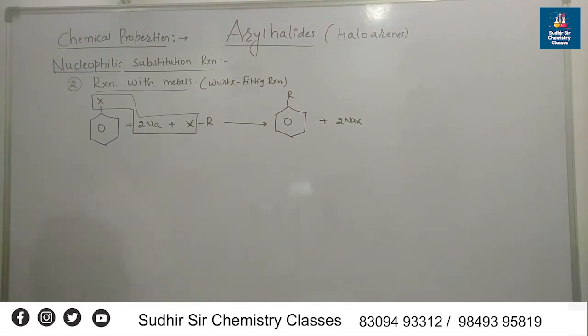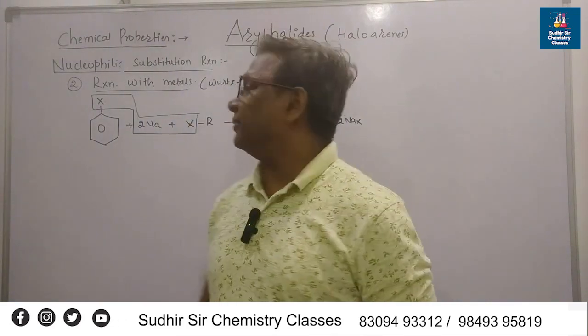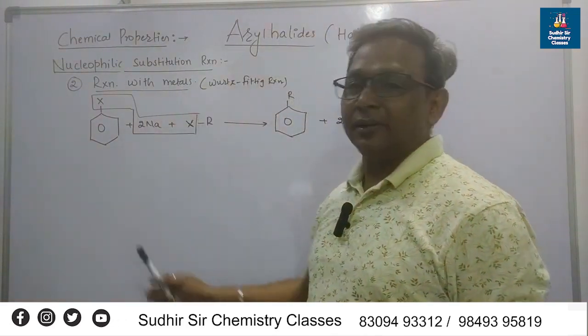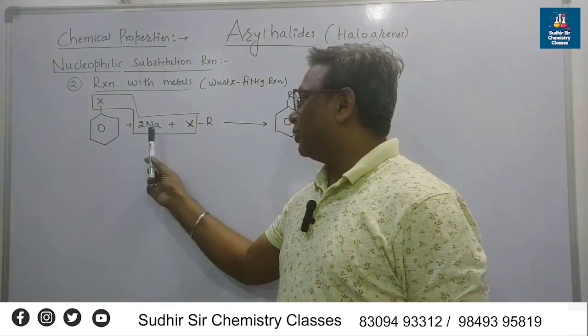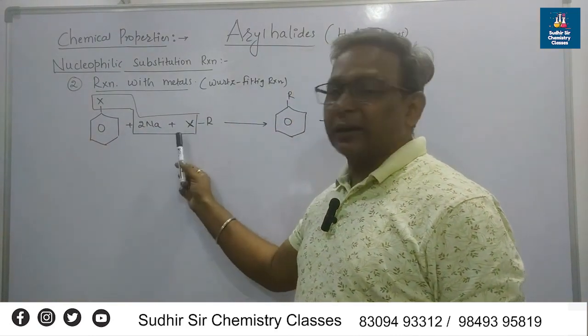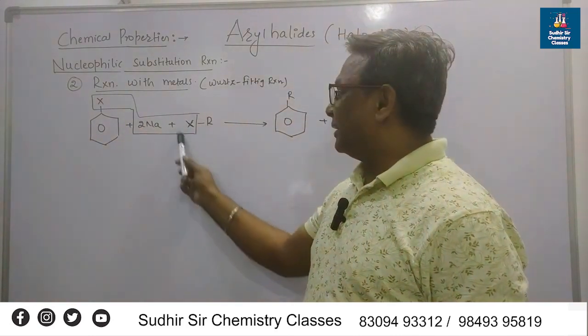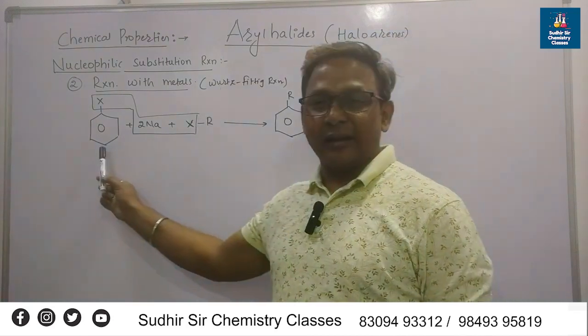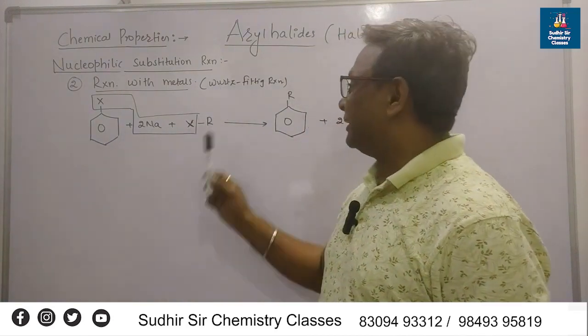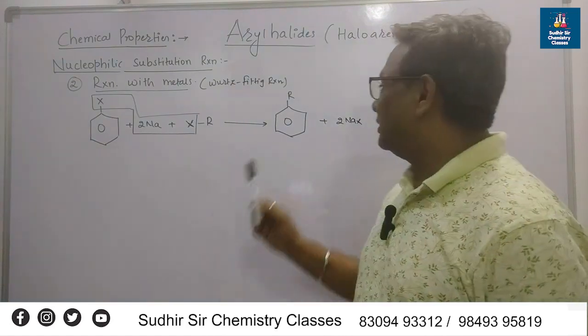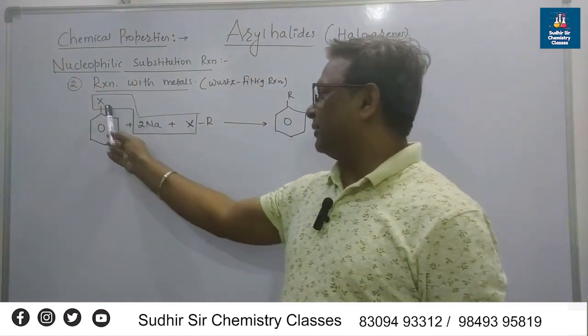But here what we have seen, you can see better, in nucleophilic substitution reaction we have seen reaction with the metals. It is an aryl halide treated with the metal in presence of alkyl halide. You know, alkyl halide coming from the Wurtz reaction and aryl halide coming from the Fittig reaction is called the Wurtz-Fittig reaction, and 2 moles of NaX came off.